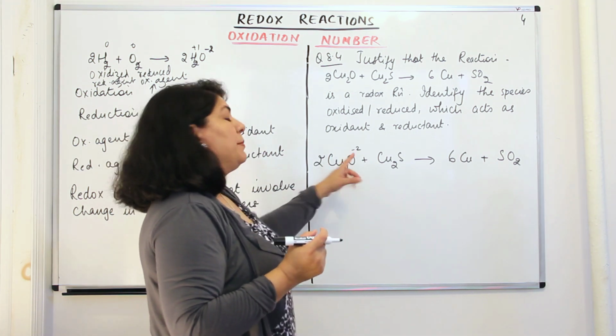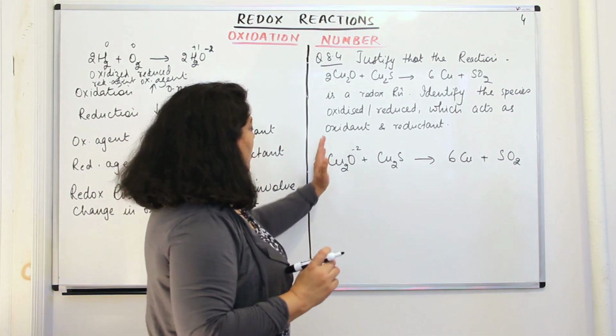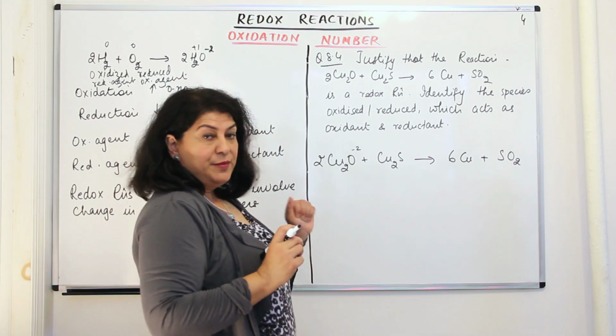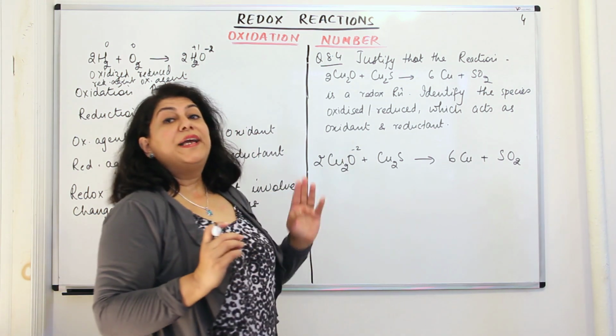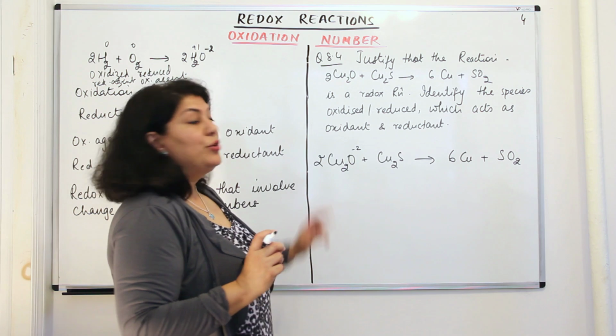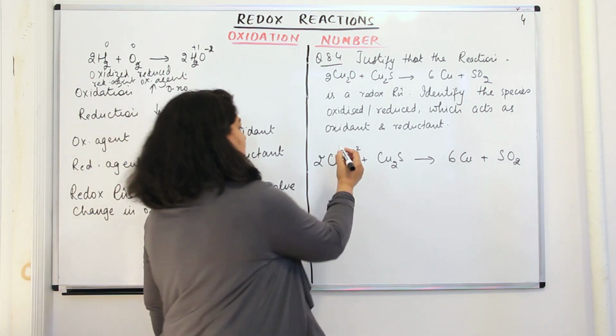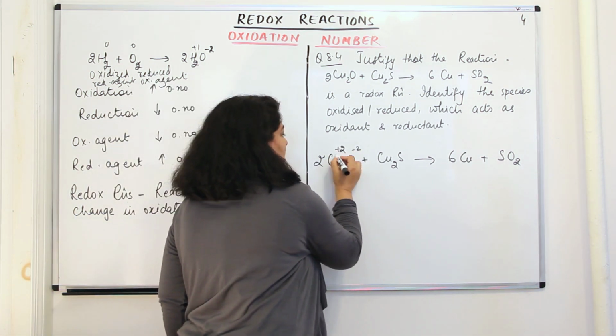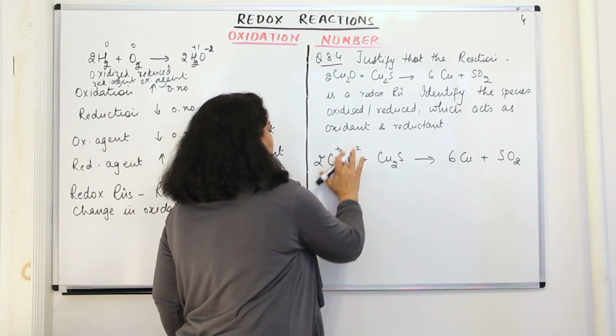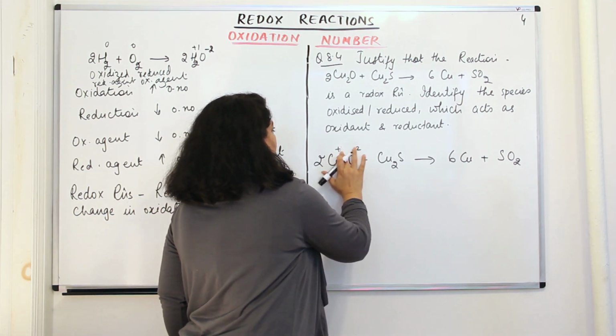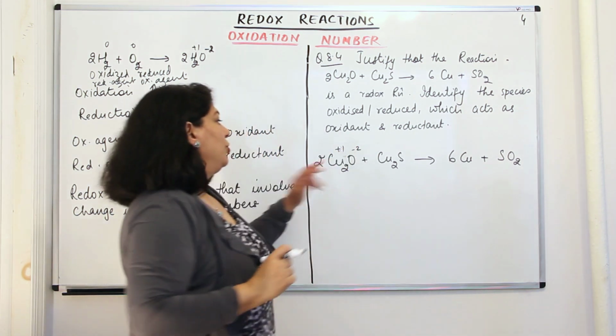You only are concerned about the oxidation states. So we'll say there are 2 copper atoms balancing out 2 negative charges. So each copper should have a charge of +1. That would be the charge on copper.